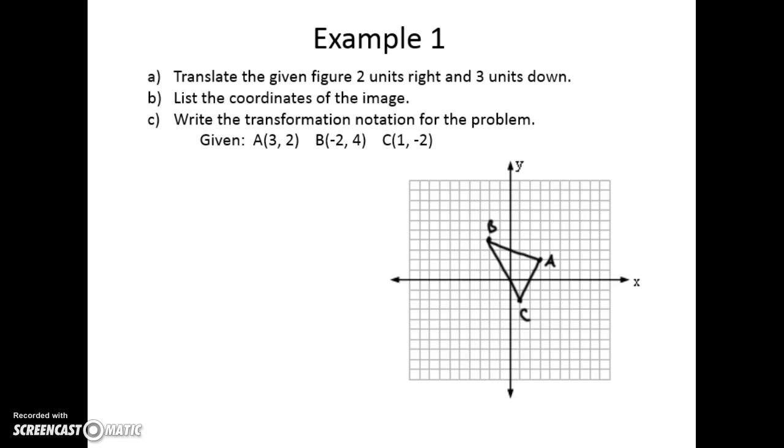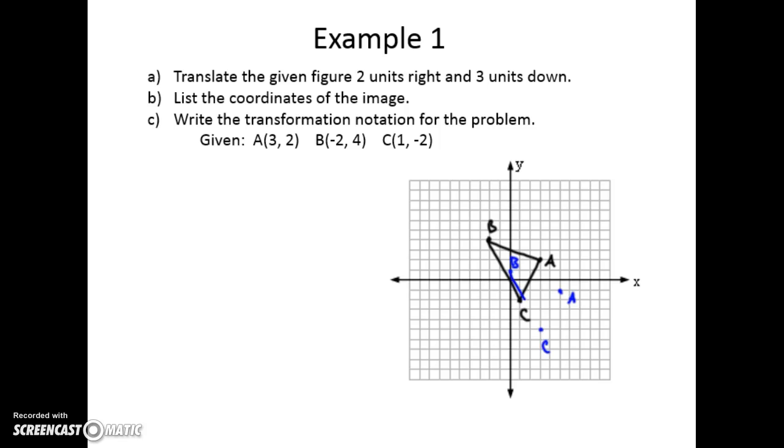And then we want to translate this 2 units right and 3 units down. And so if you plot these points, you can simply just count over 2 and down 3. So 2 units to the right for A would be 1, 2, and down 3 would be right here, and this would be A. B would be 2 units to the right and down 3 would be here, and C 2 units to the right and down 3 here.